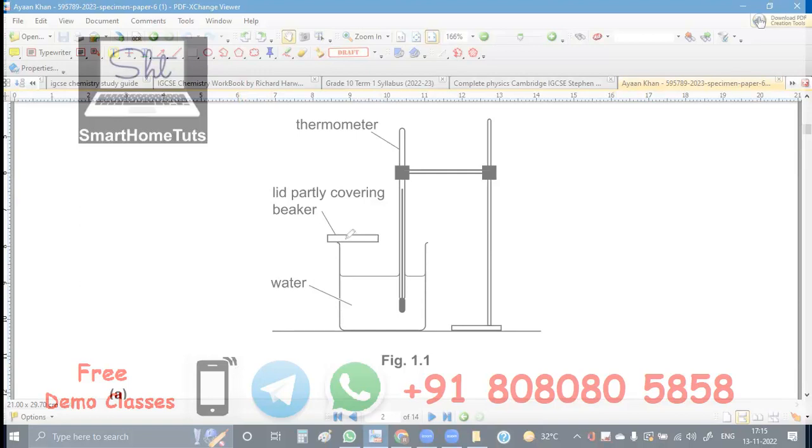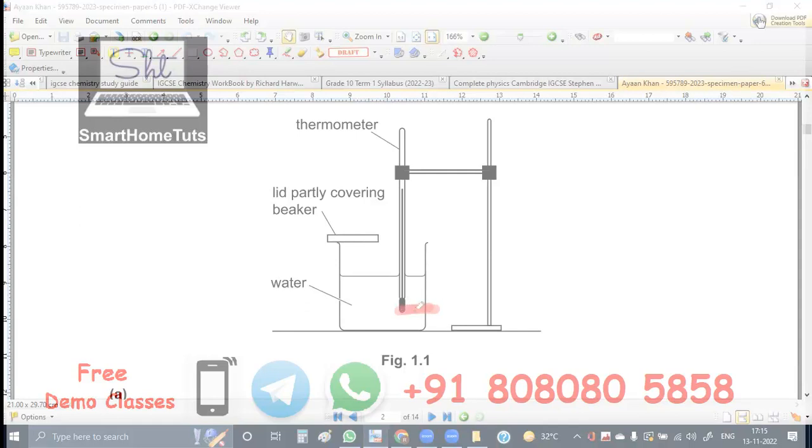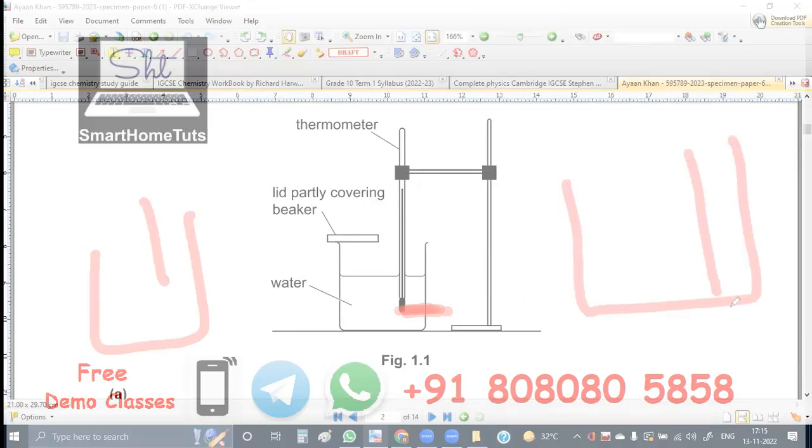Whenever we are keeping lid A and lid B, the level of the thermometer should be at the same level. It should not happen that in one case the level of the thermometer is here and in another case it is there. The level of the thermometer should be the same. That is the precaution.